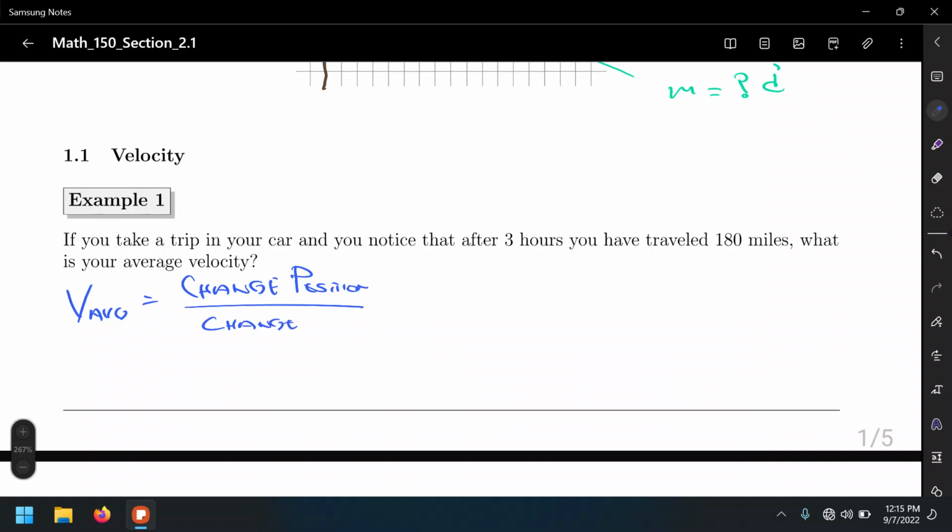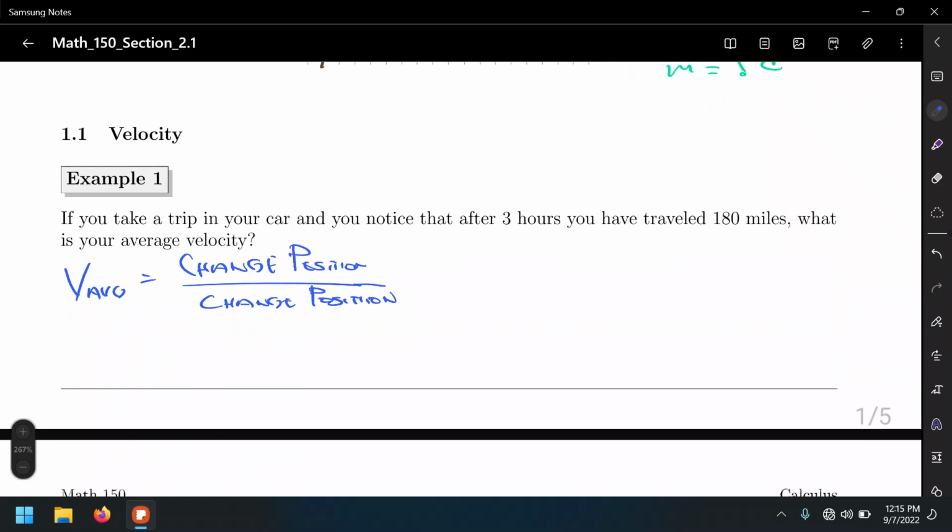I know it's just distance over time, but again, you can think of calculus as the mathematics of change. In this case, we're going to talk about this in terms of change. So when we discuss what a derivative is, a derivative is the change of one variable with respect to the change of another variable.